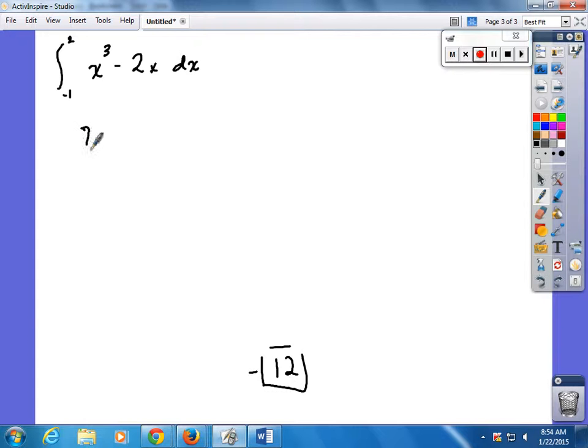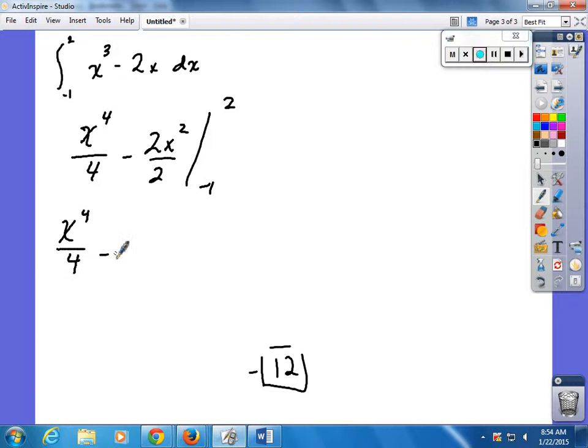That'll be x to the 4th over 4 minus 2x squared over 2 evaluated at -1 and 2. And that's going to be x to the 4th over 4 minus x squared, evaluated at -1 and 2.